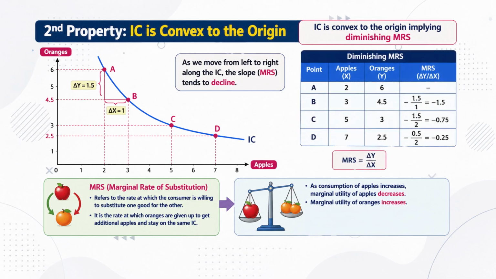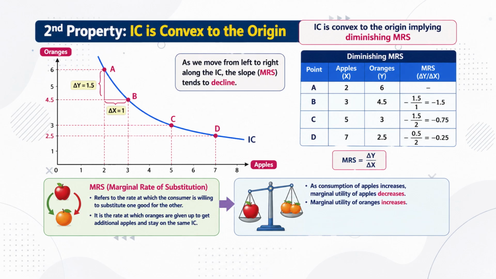For example, when moving from point A to point B, the consumer gives up 1.5 units of oranges to get 1 additional unit of apples. From point B to point C, he gives up 1.5 units of oranges to get 2 additional units of apples. And from point C to point D, he gives up only 0.5 units of oranges to get 2 additional units of apples.